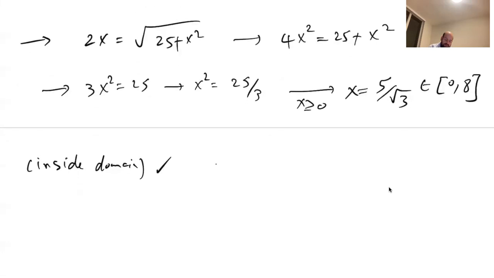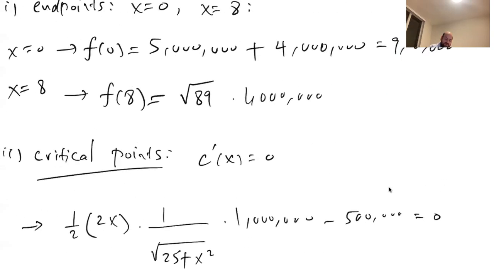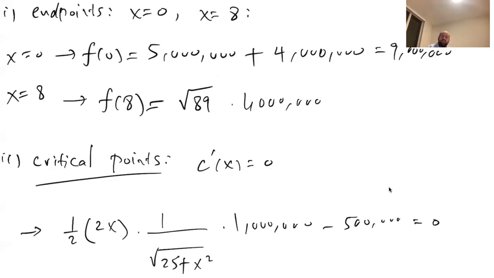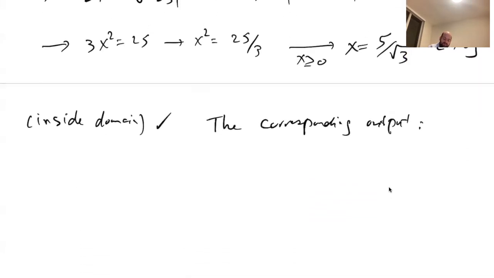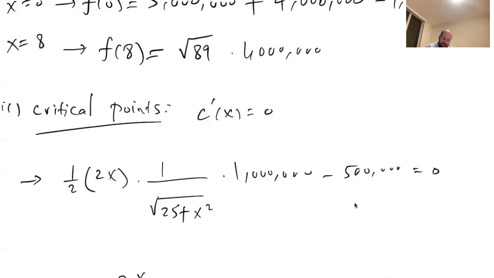So the corresponding output. Remember, we want to find the absolute min. To find the absolute min, we have to find the endpoints and critical points and compare the corresponding outputs to decide which one is the largest, which one is the smallest, which will give us the absolute max and min. The corresponding output will be C of 5 over root 3, in this case we denote it with C. What is C of x?